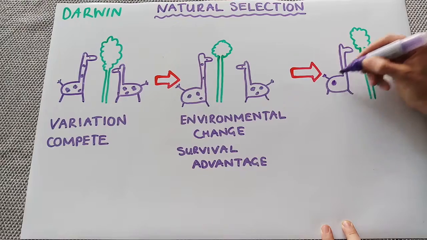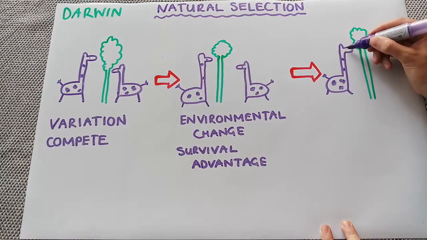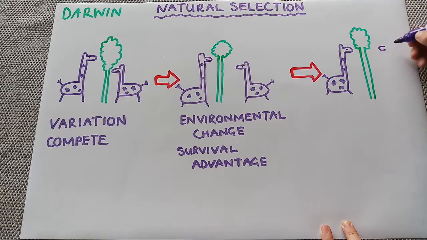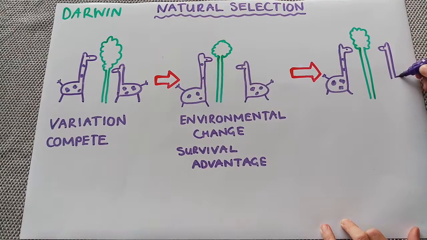So that means that the population will start to change to look like these guys, the long-necked giraffes. Now this is a gradual change over time. This doesn't happen overnight. It's very slow in terms of the changes.